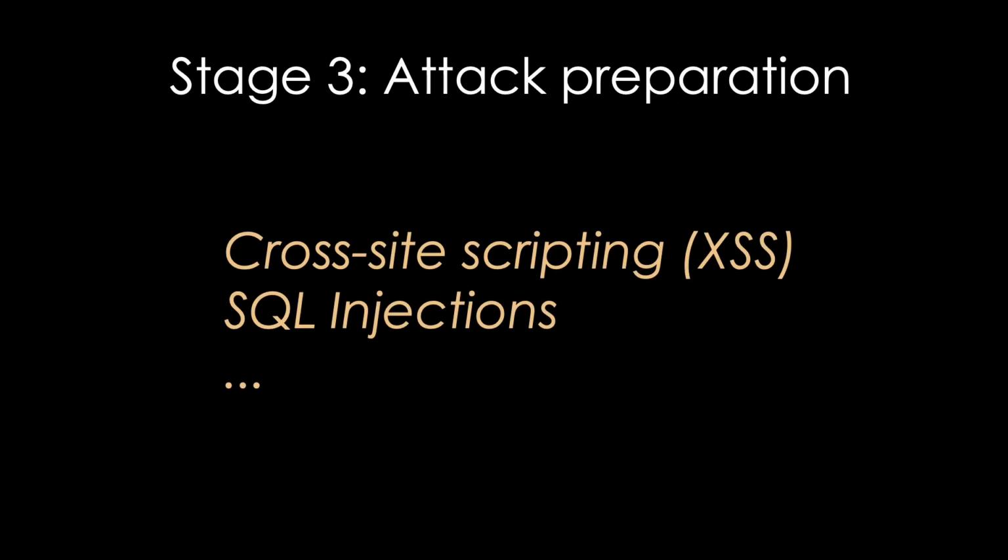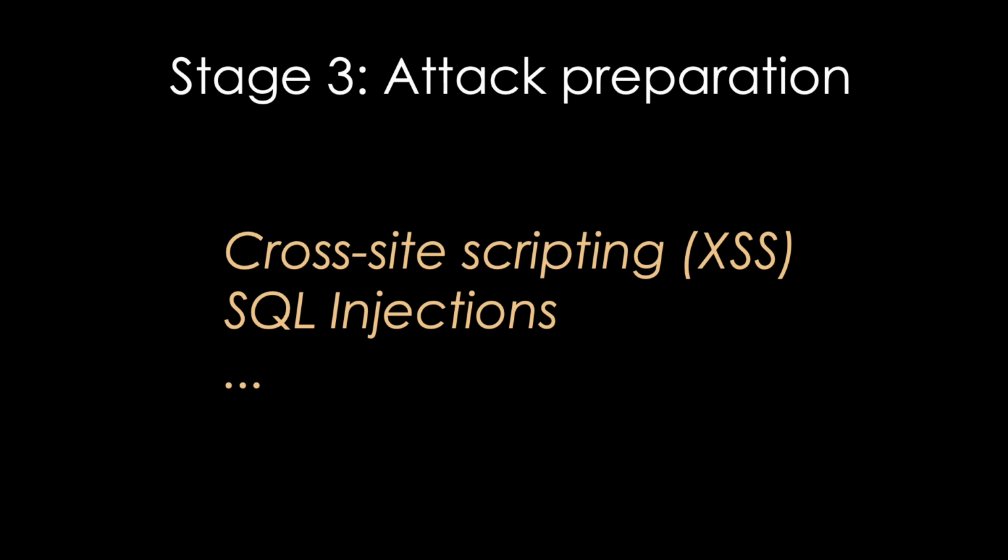In stage 3, which is called attack preparation, you basically scan for vulnerabilities on this web server. Maybe there's a possibility for cross-site scripting, maybe it's vulnerable to SQL injections, or maybe you can do some request forgeries and thereby redirect victims to your malicious website rather than the benign one.